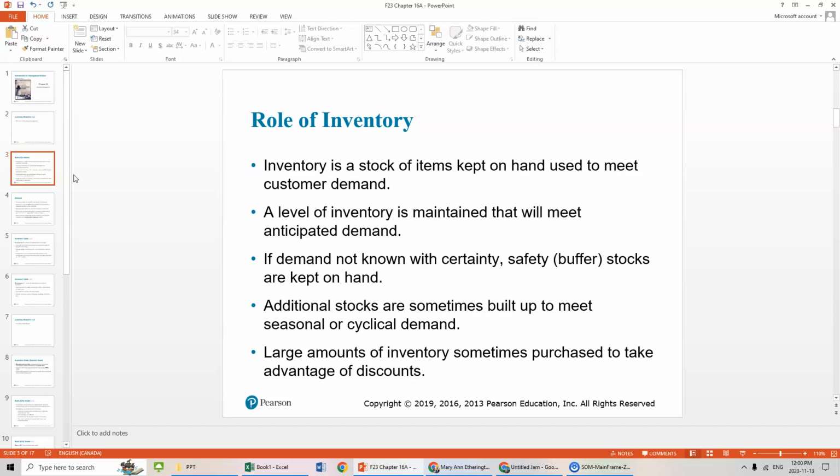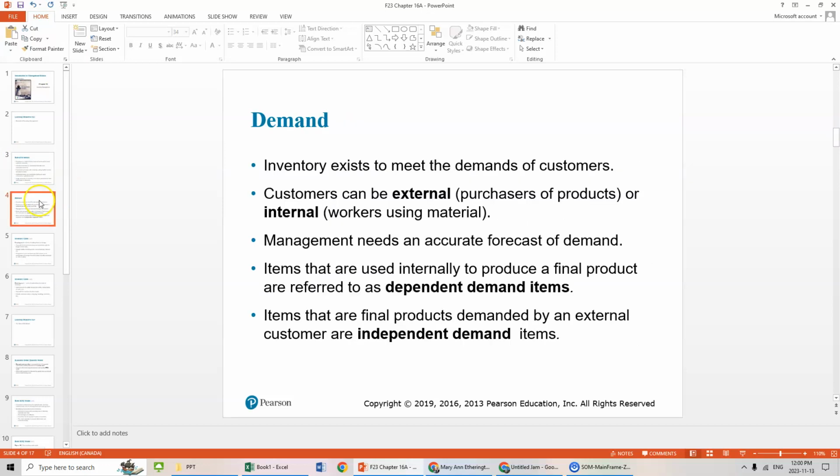What should be the economic order quantity that will minimize total cost for the business? We're going to assume demand is known and predictable. Demand can be external or internal, but our model basically works with that known demand.